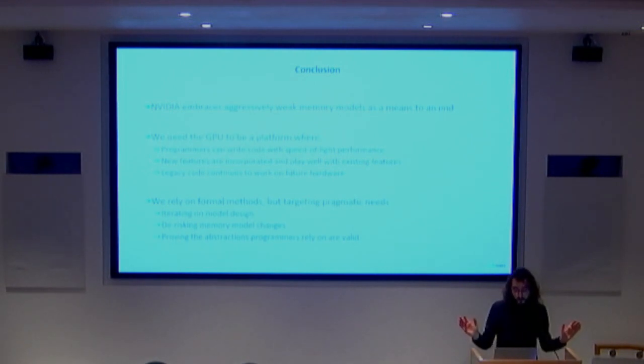So, yeah, to conclude, we build a really weak memory model. We find programmers like it, not necessarily because they're into memory models, because they're into writing fast code, and this is the recipe to do it. We need the GPU to be a place where you can write fast code, where it continues working over time, and you can run it on a future generation and get at least correct behavior, perhaps faster code, and you can keep that same code around for a long time.